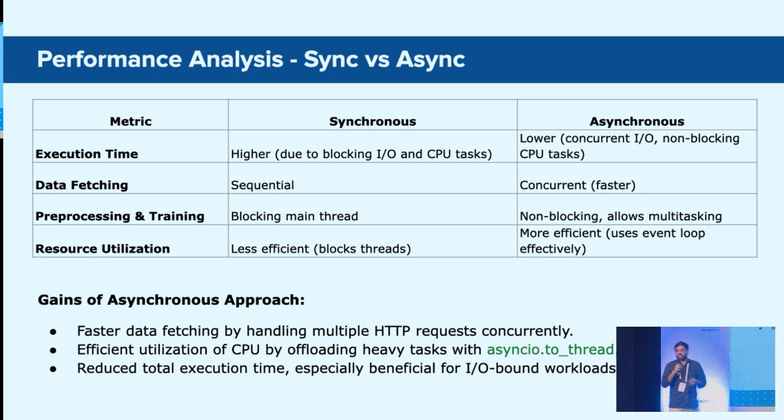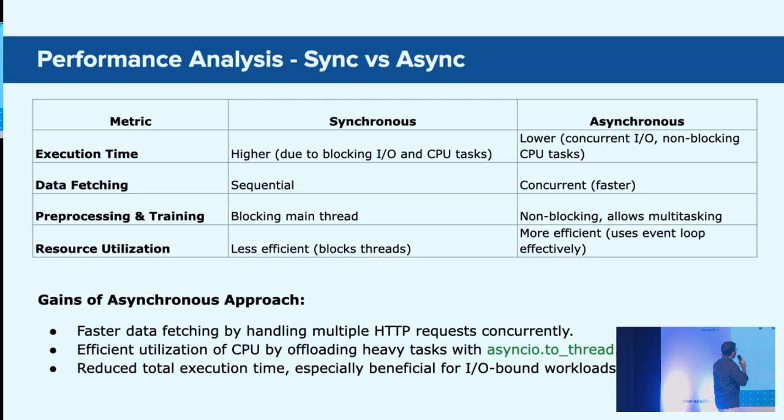Second is the data fetching, which is sequential in the synchronous case, but in the asynchronous case it's faster because it's concurrent. Pre-processing and training in the sequential case will block the main thread, but in the asynchronous case it will be non-blocking, so you can allow multitasking. Again, resource utilization is less efficient in the synchronous case, and more efficient in the asynchronous case because it uses the event loop.